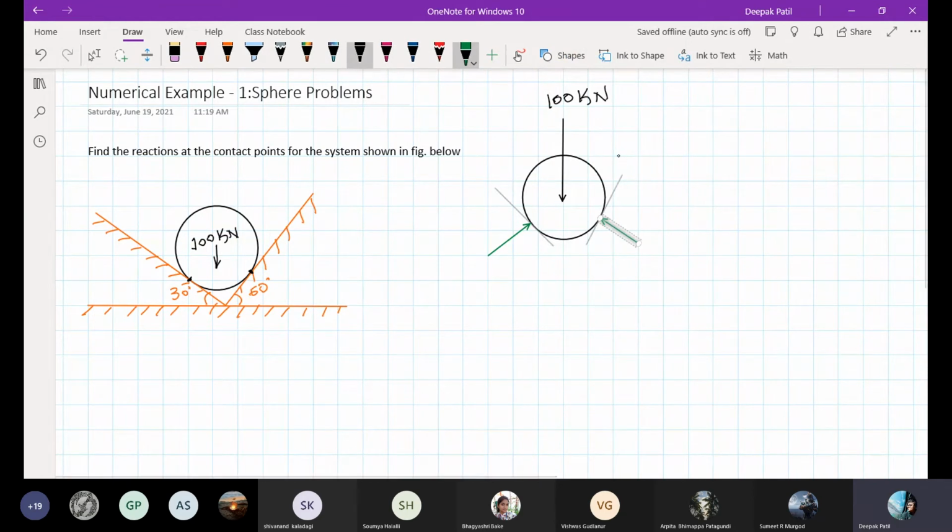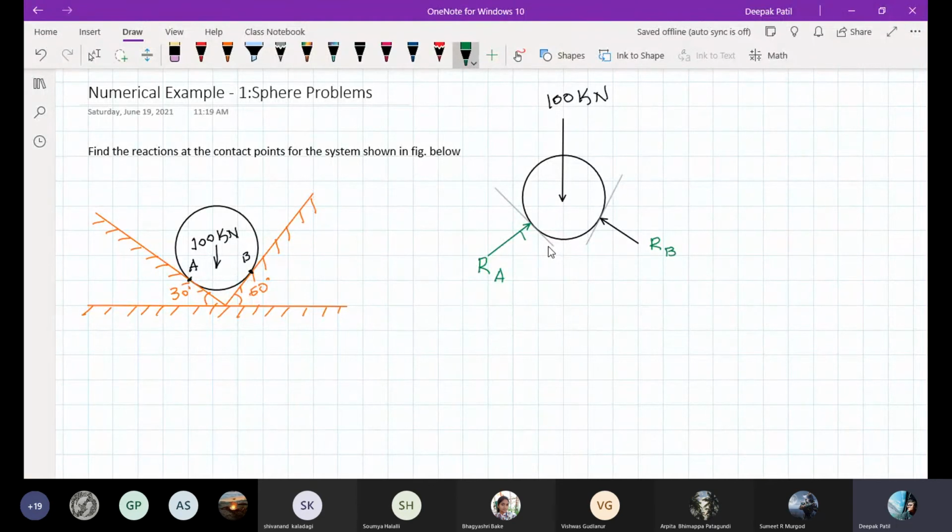Let me name this contact point as point A, and this contact point as point B. In that case, let me call this reaction RA, and this reaction RB.